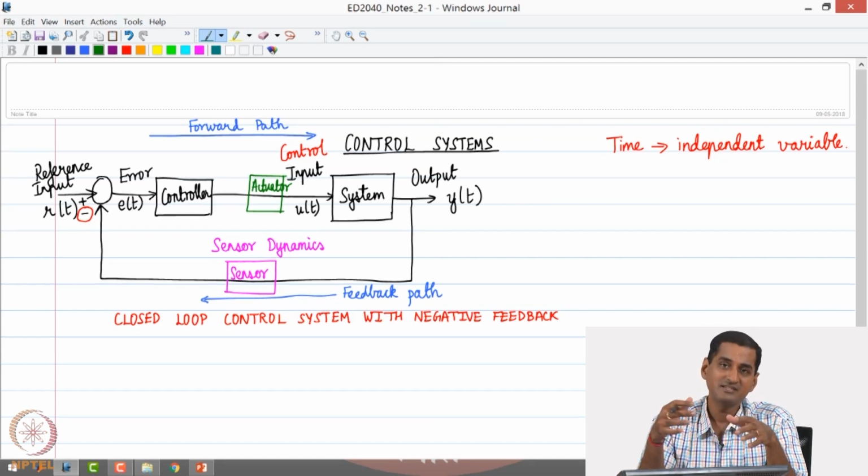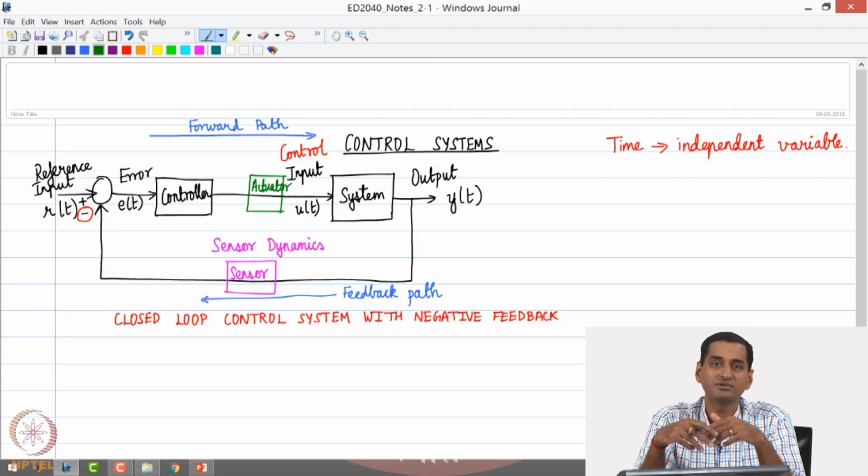Now, if I want a certain orientation for the car, then I design a controller to calculate what should be the steering wheel input that should be provided at each and every instant of time. Now, how do I realize it in practice? I may put a motor at the steering linkages to rotate them by a desired angle, whatever the controller calculates.